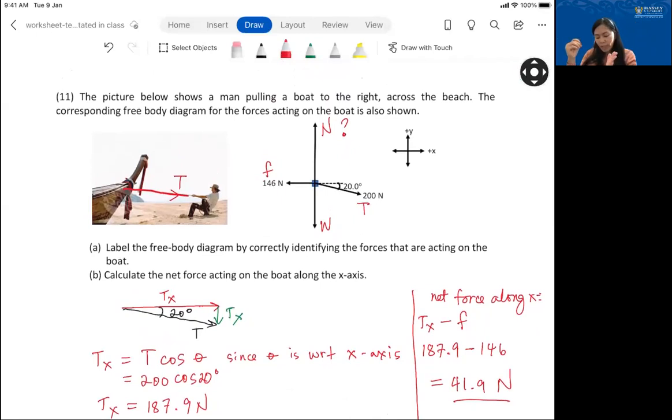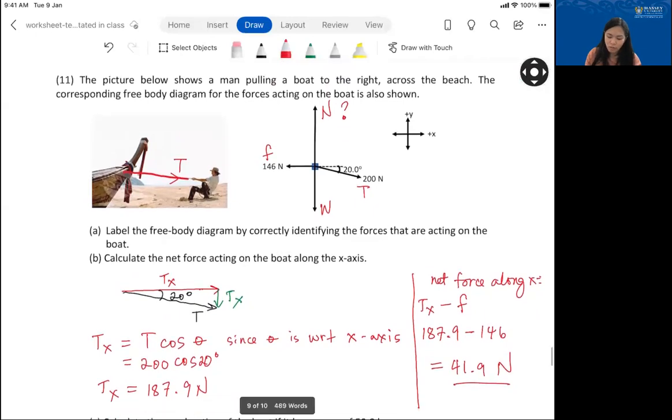Now, because the normal force is vertically upwards, we have to consider all the forces along the vertical. There are three forces along the vertical, right?